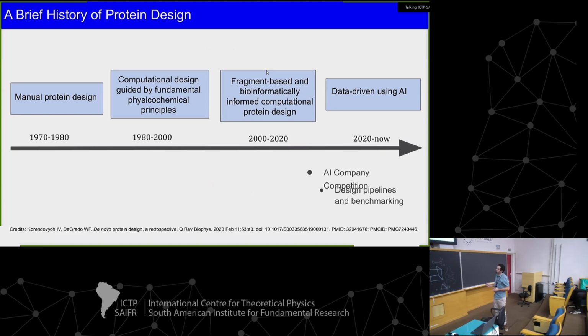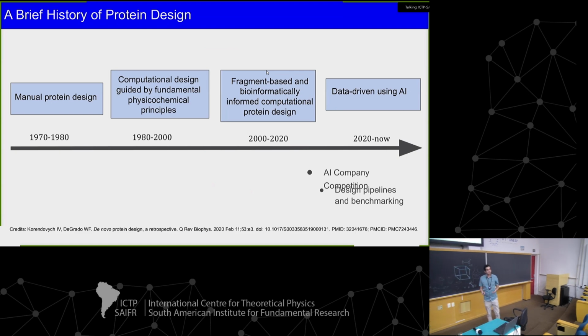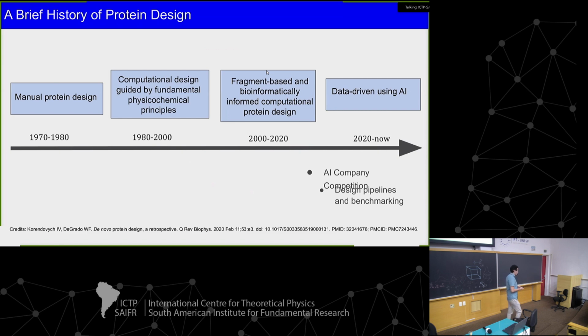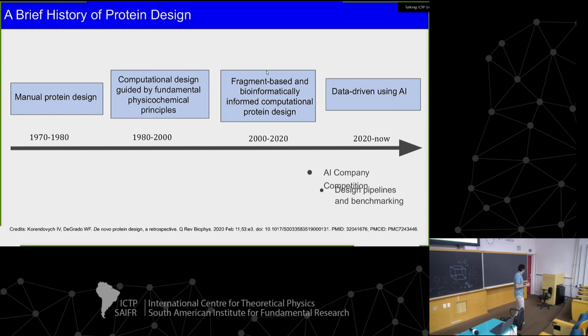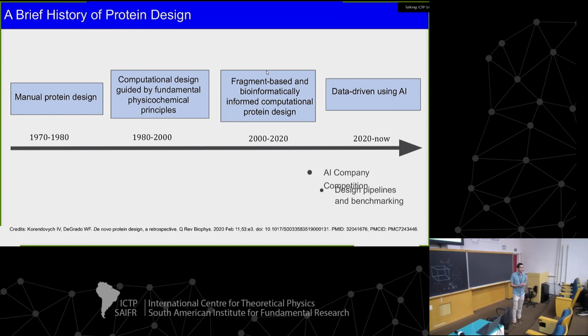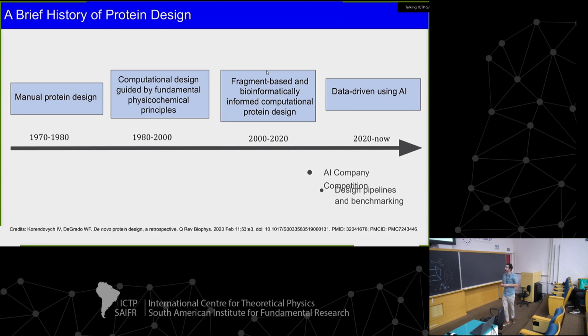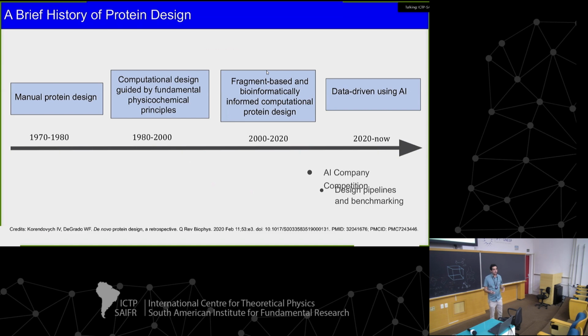We have now something like a competition between AI companies trying to design the best proteins or trying to produce the best methods for protein design. But my impression is that we still don't have a protein design method with a perfect success rate, right?